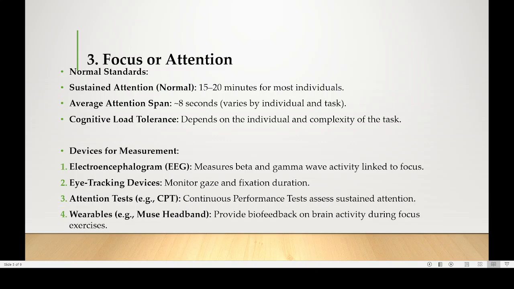For example, you are working on something and you are not able to get a solution for that, then you will be focusing on that. For example, your mobile has some problem, definitely you will spend a lot of time on that, because mobile is your life. Without mobile, your life is lifeless. So everybody knows that. So if something is happening with mobile, you spend a lot of time, and such things are cognitive load tolerance.